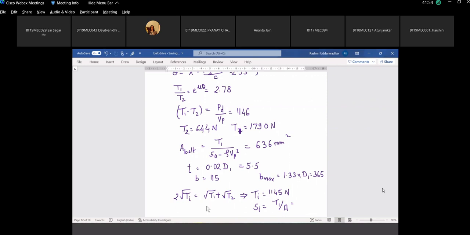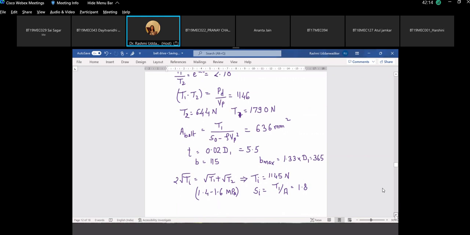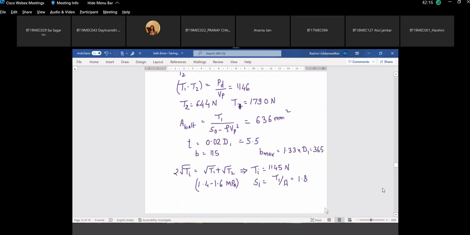The range for SI is 1.4 to 1.6 MPa. So exceeding. SI is coming out to be 1.8, which is exceeding the allowable range. So what do we do? We increase the area to get the value of SI as 1.6 or 1.5, a little less than this.